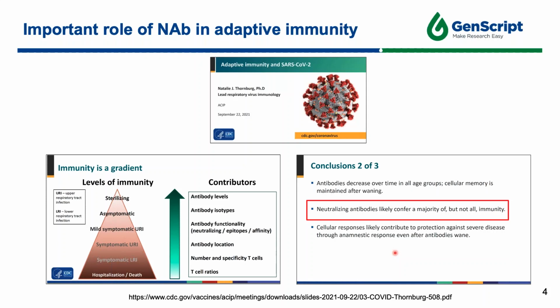So it means that cellular responses are a very important arm of the adaptive immunity, which plays a major role in preventing severe disease, while neutralizing antibody acts before the infection takes place, so it contributes to the level of immunity that is more on mild disease and sterilizing immunity. So this is my take on this.